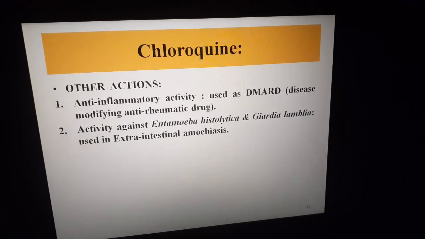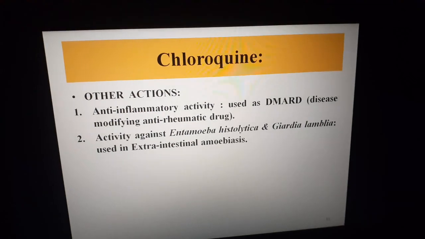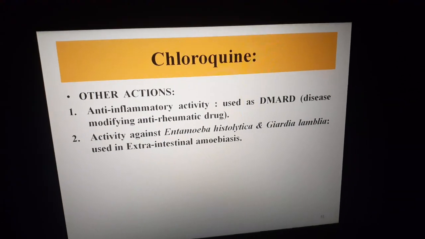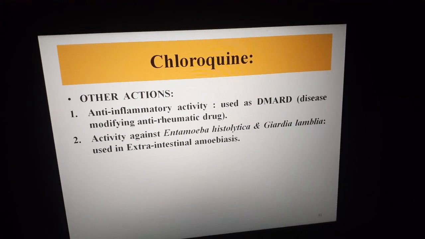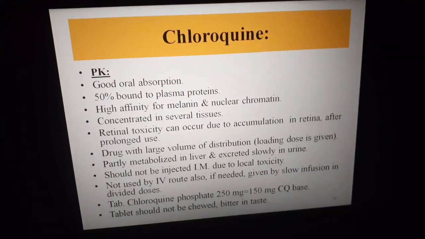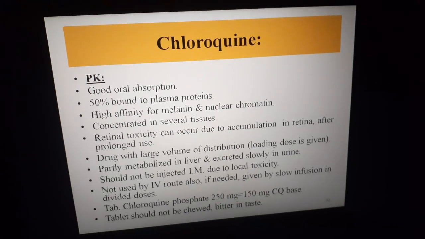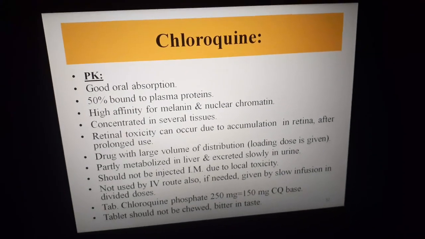Other actions of chloroquine are anti-inflammatory action. It is used as a disease modifying anti-rheumatic drug in rheumatoid arthritis, and has activity against Entamoeba histolytica and Giardia lamblia. In pharmacokinetics, you have to remember that the drug is accumulated in some tissues.